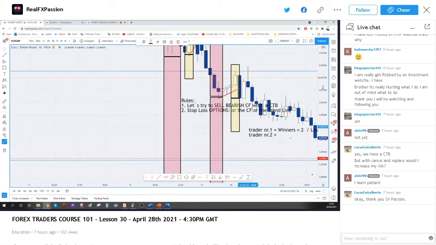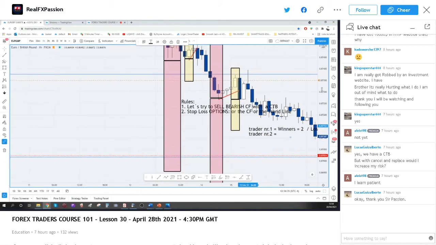Same entry, different stop loss, same risk. Both traders risk 0.5%, 1%. Beginner traders, listen to me, it's not true that the bigger the stop loss, the higher the risk. Not true, you need to educate yourself, everybody.